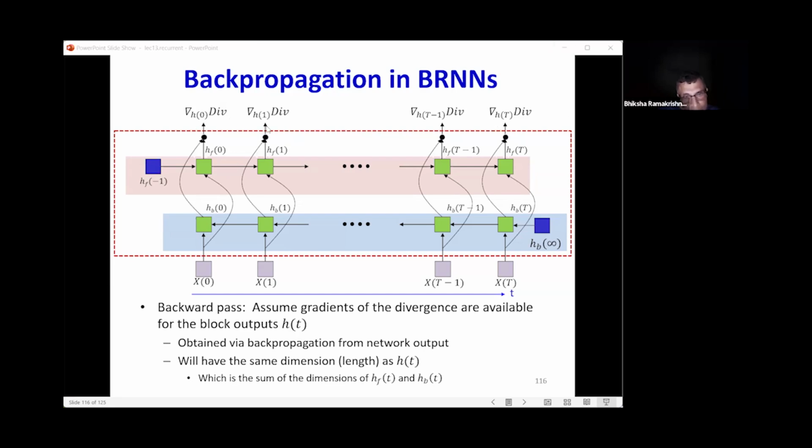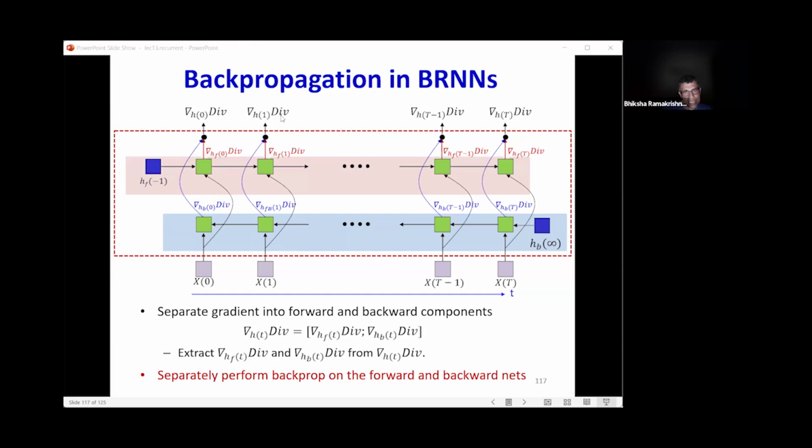The output at each time of the layer was actually the concatenation of two outputs. It was the concatenation of the output of the forward and the backward blocks, right? So this derivative is going to have the same size as the concatenation of these two outputs. And so I can split this derivative into two portions.